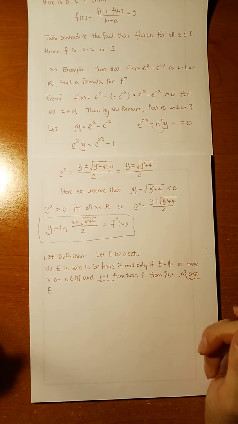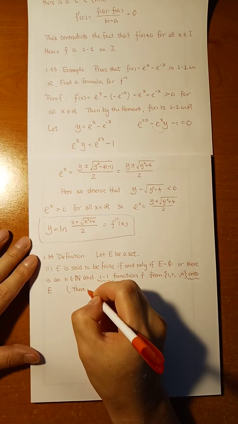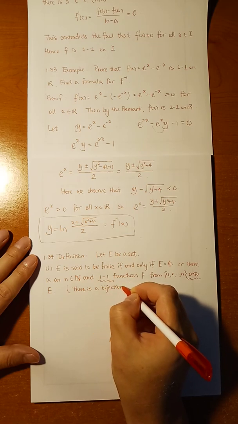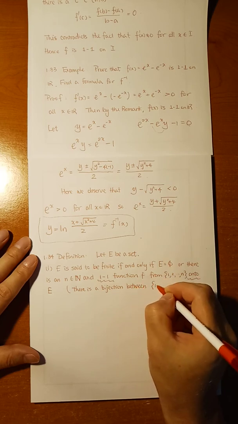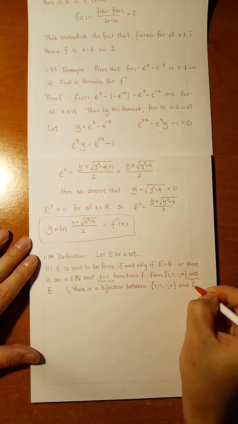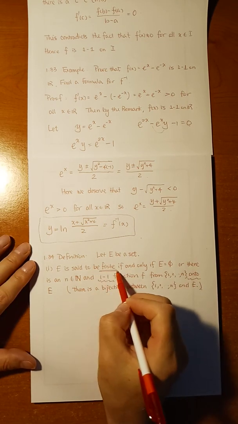So basically, it is a bijection. There is a bijection between {1, ..., n} and E. This way, we consider it as a finite set.